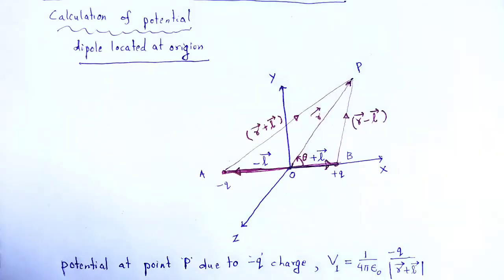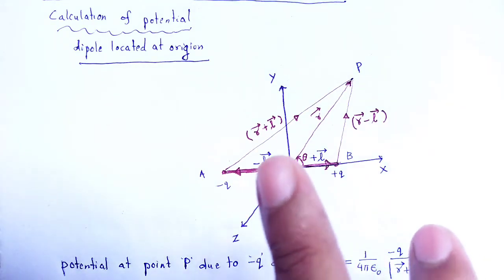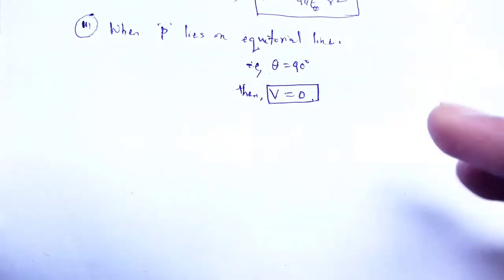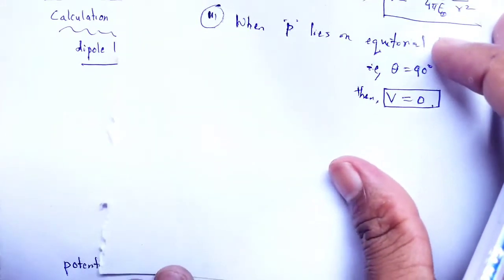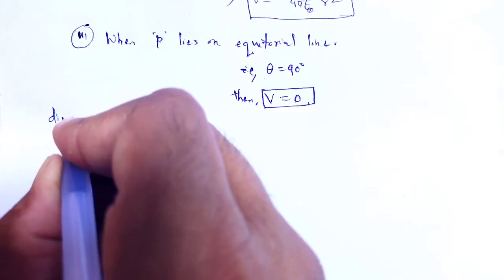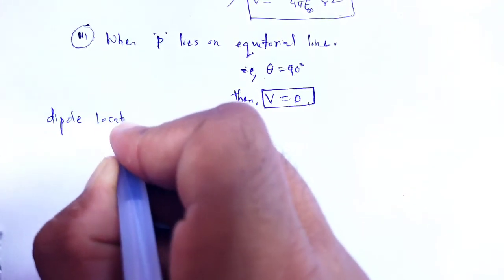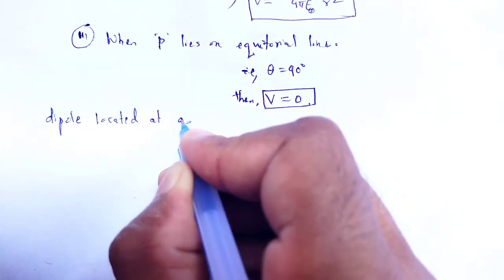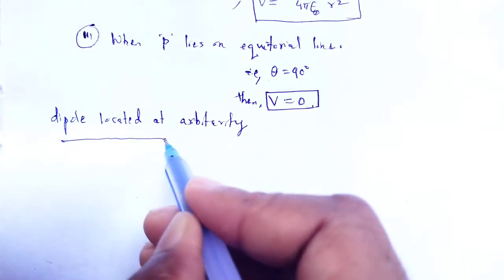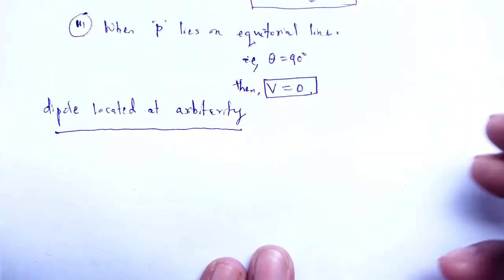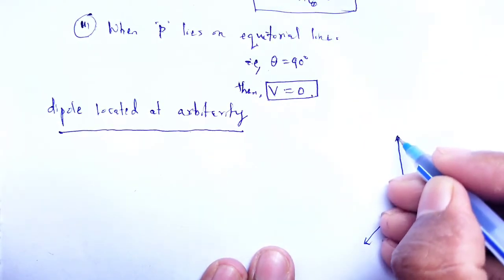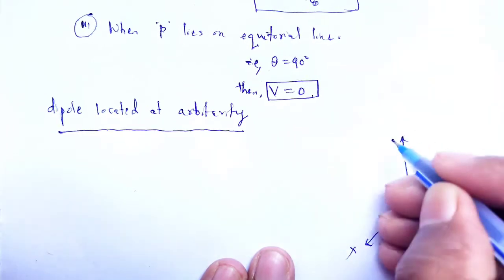These are the expressions when the dipole is located at the origin, but when the dipole is located arbitrarily, what should be the expression for potential? Look at the figure, that is the coordinate system x, y, z.